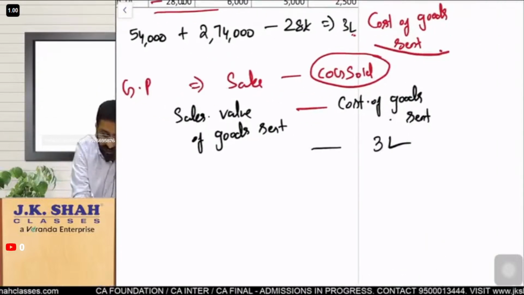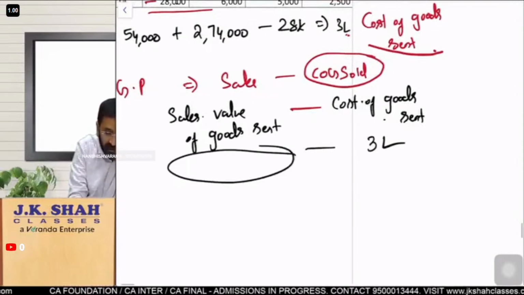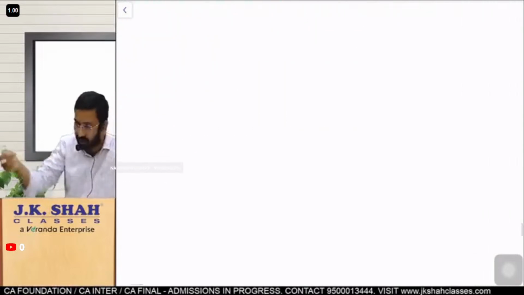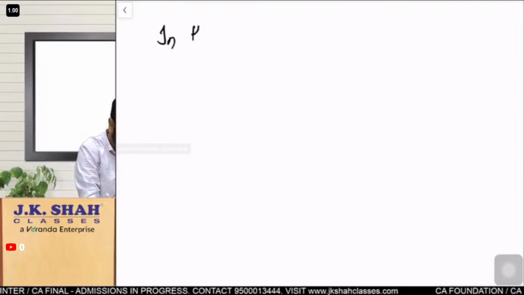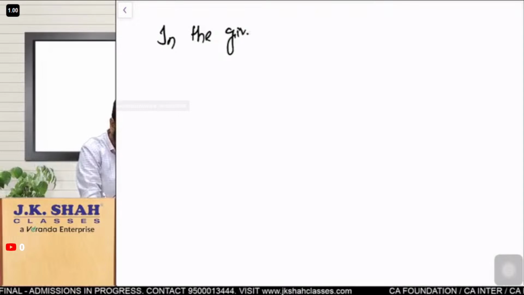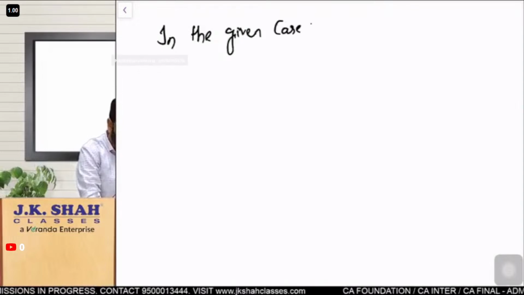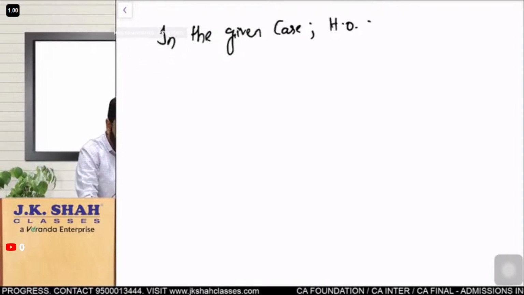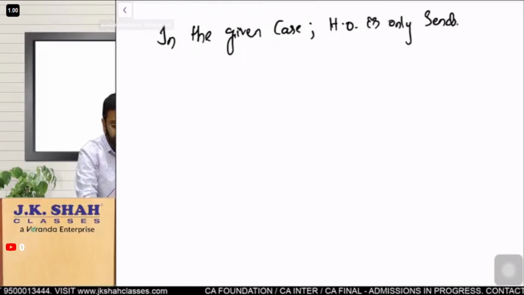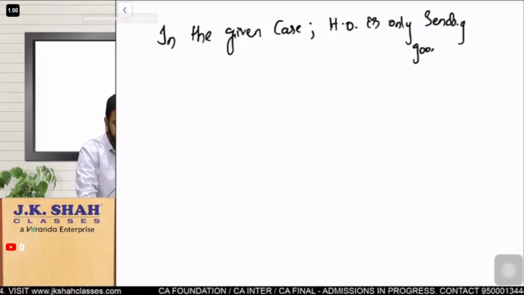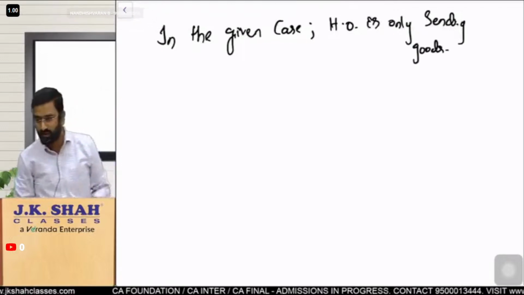So cost of goods sent is 3 lakhs. Sale value of goods sent, how do you calculate? Let all of you write down. Let me dictate the notes. Please write down. In the given case, head office is only sending goods.